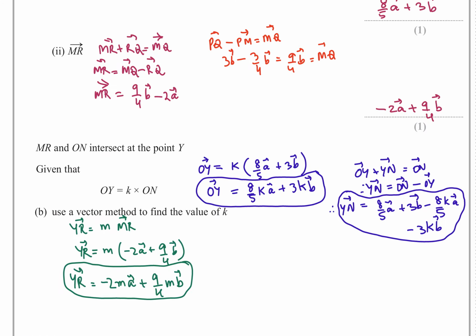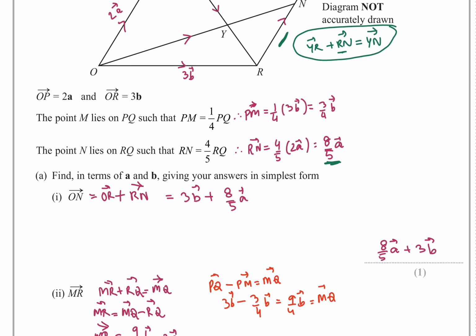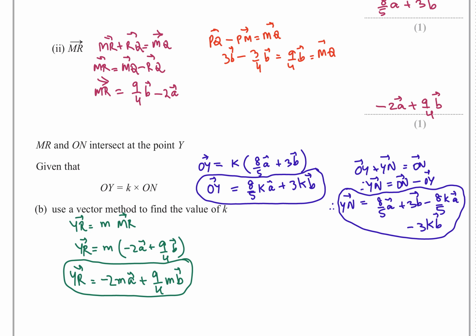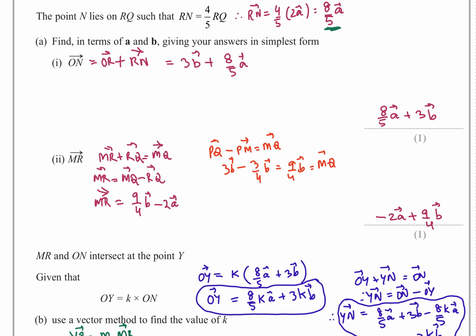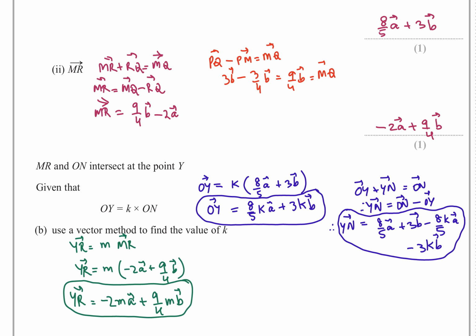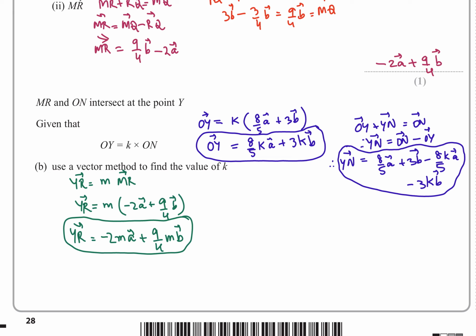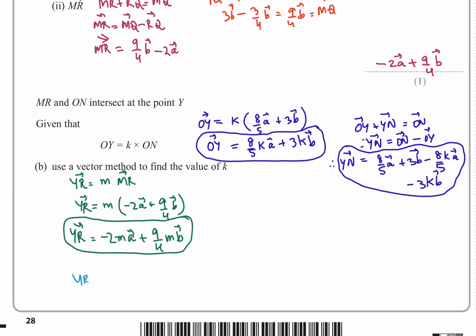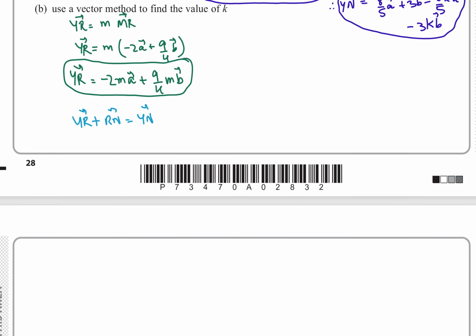This equation is going to be in this format. So we write YR plus RN is YN.